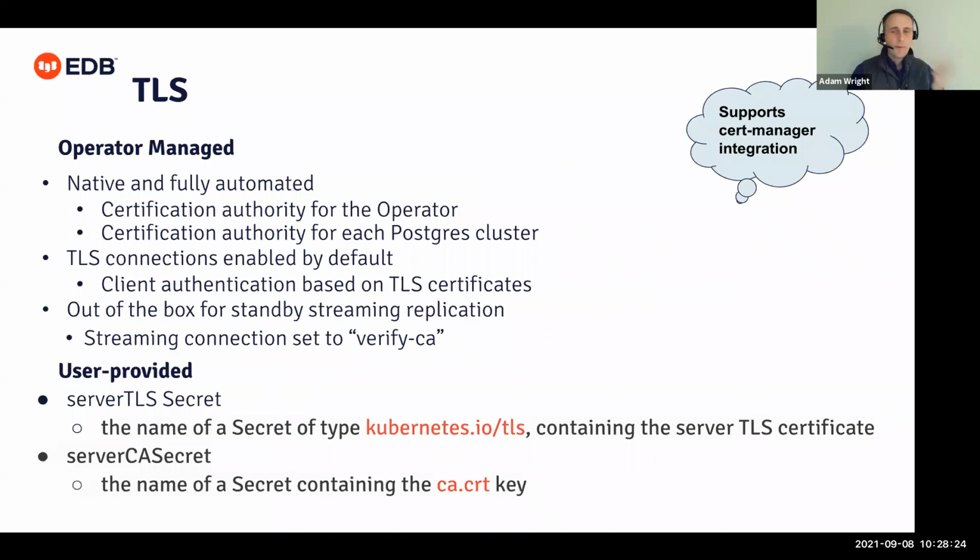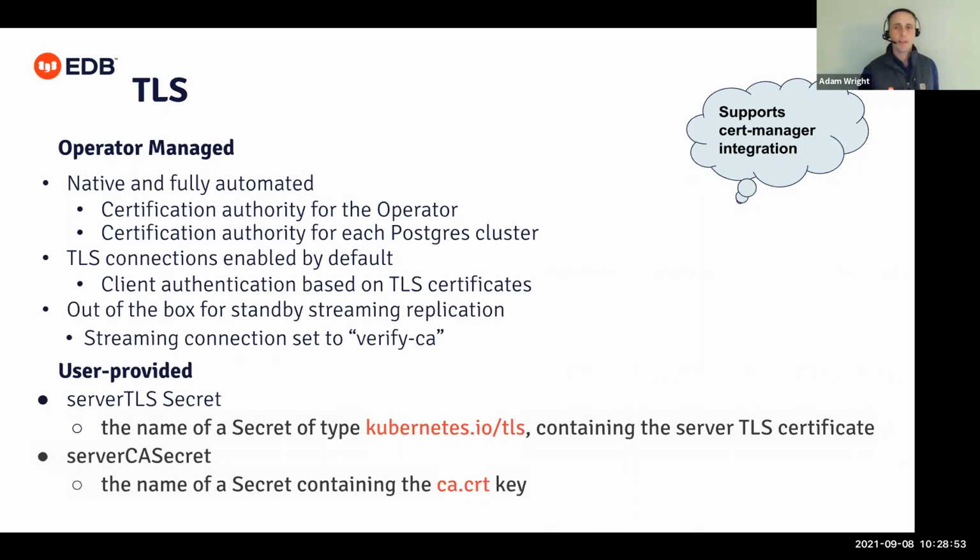All right, so I mentioned a few times that the operator generates a certificate authority and uses it for client-server authentication, and they are managed and renewed automatically by the operator. CNP provides the option of bringing user-provided certificates, so bring your own certificates, allowing for integration with things like cert-manager, the Kubernetes certificate management controller that helps issue certificates from a variety of sources.